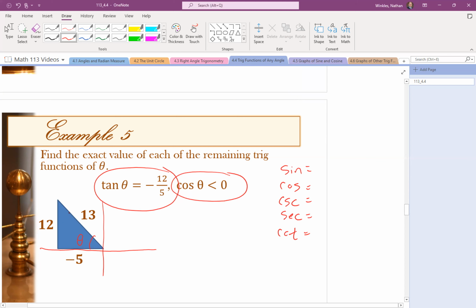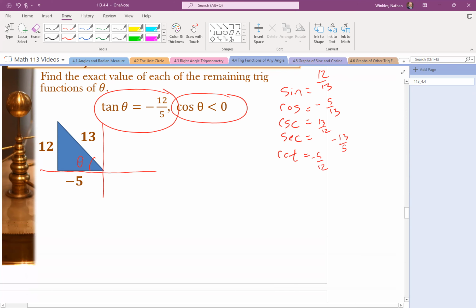Sine of theta is equal to 12 over 13. Cosine is negative 5 over 13. Cosecant is 1 over sine, so that's 13 over 12. Secant is 1 over cosine, that's negative 13 over 5. Cotangent is 1 over tangent, so that's going to be negative 5 over 12. So we just have to make sure that we're identifying each piece first and then breaking it down.